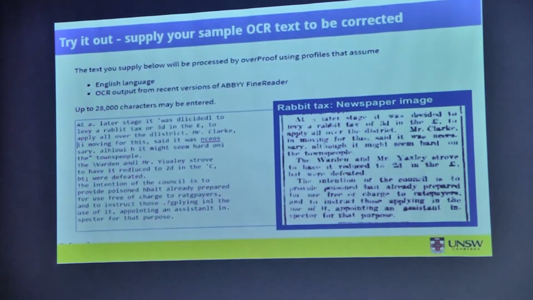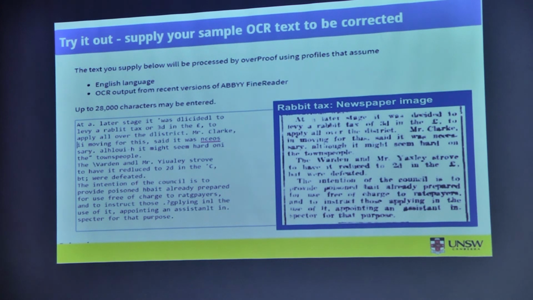If you go to the Overproof website, you can read a lot more about the development, testing sample and training sets. Also on the site is a demo. I have pasted a sample of poor quality article text I found in Australian newspapers that have many errors into the box, and then I click the correct button.